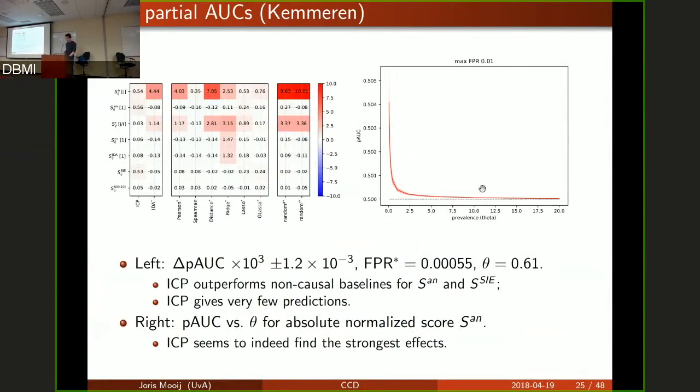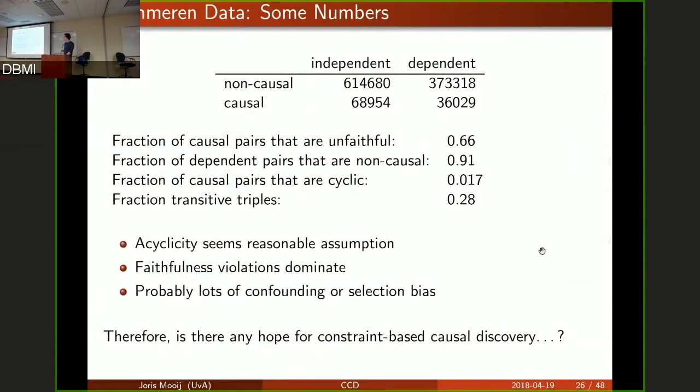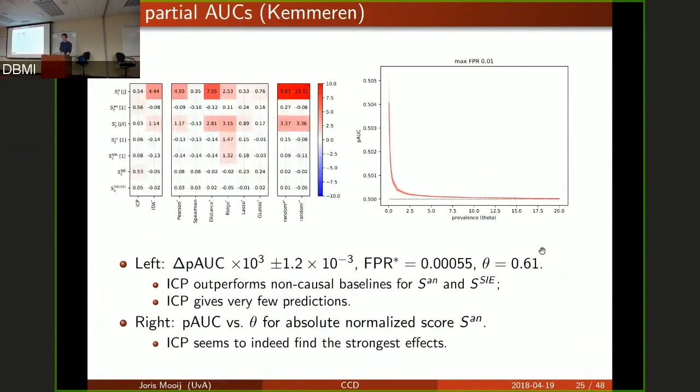And here you see the nice picture: if we take a stricter and stricter threshold, only focusing in the ground truth on the strongest effects, then the partial AUC of ICP even improves. So it really seems to be focusing on and finding the strongest effects according to this evaluation. So I would say this is a success story. Well, you can find other baselines that still outperform it, but so far this is, I would say, a success story.